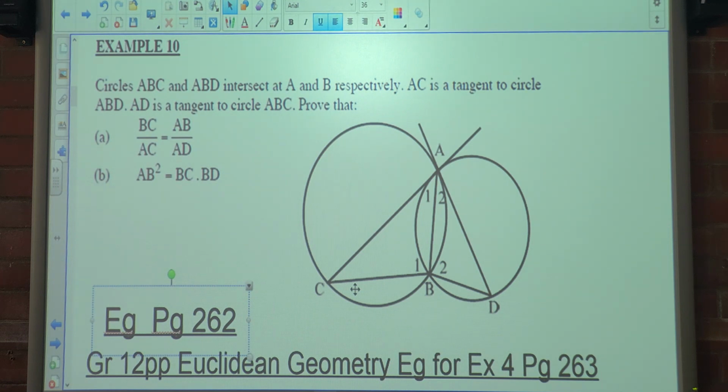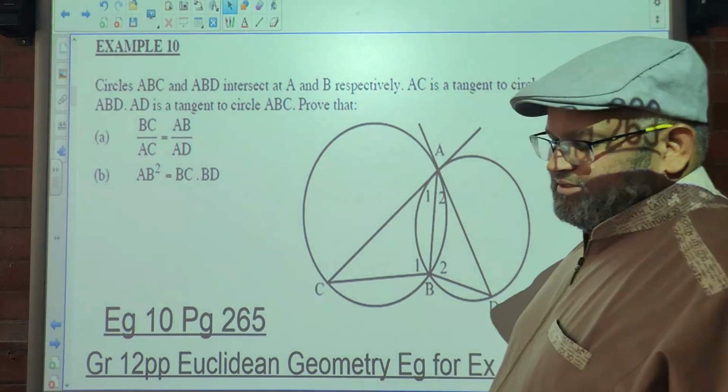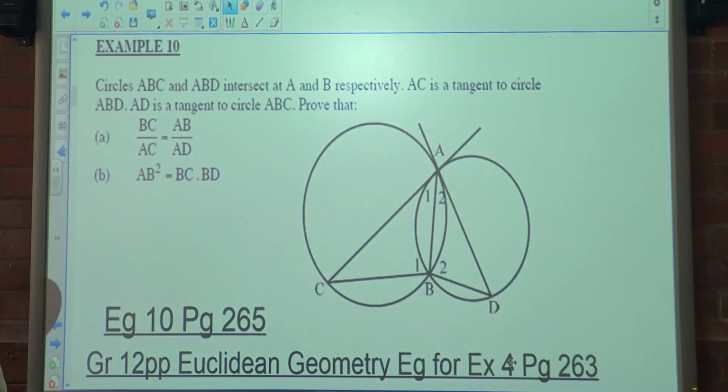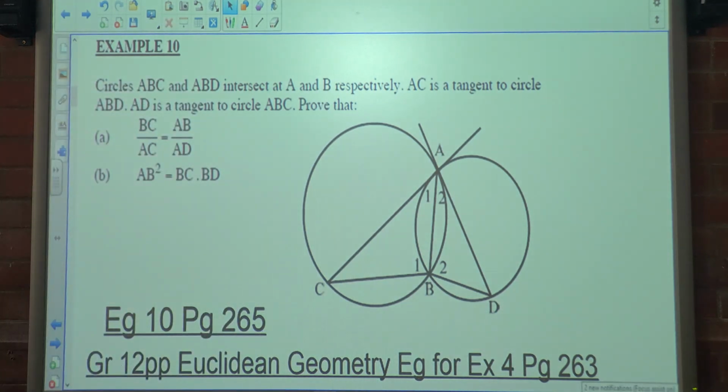So I would like you guys to do the first 3 sums. There are 5 sums, I think, in that exercise, correct? So you're going to do the first 3 sums. We'll answer all 3 sums on Monday. Okay? Sure.